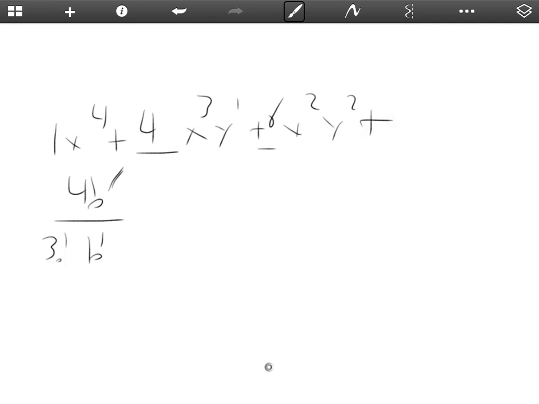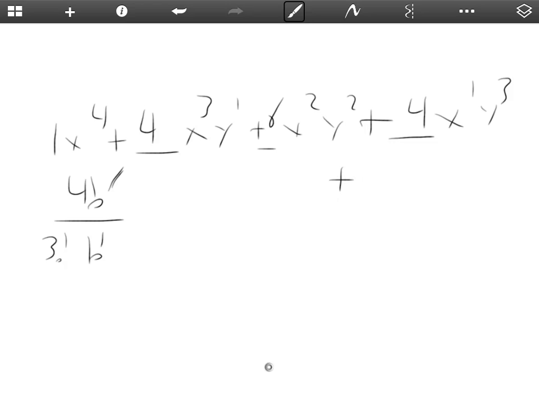And then plus 4 factorial over 1 factorial, 3 factorial, which is just 4, x to the 1, y cubed, plus 4 factorial over 4 factorial, which is just 1.